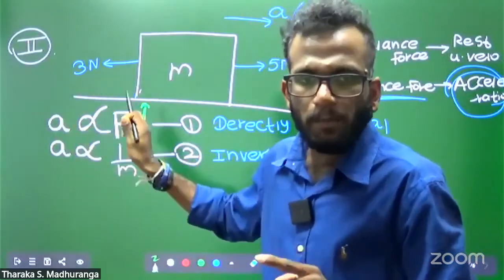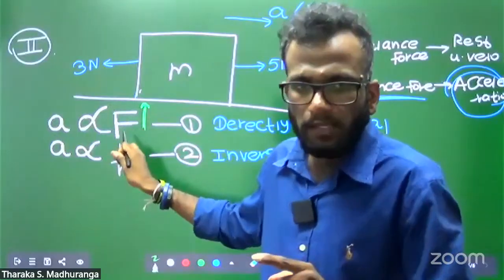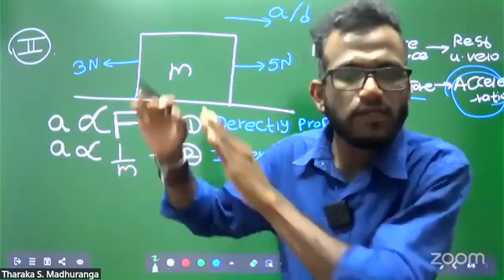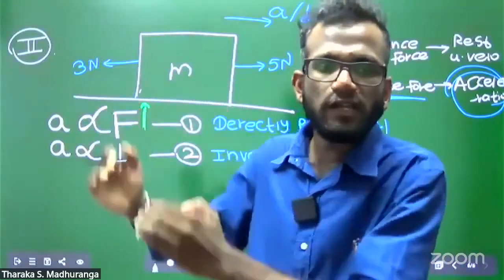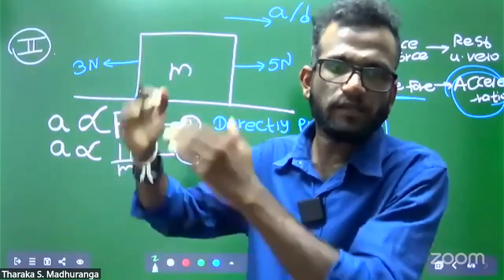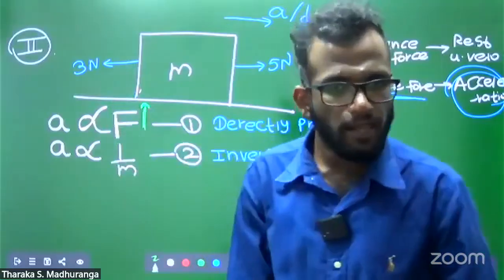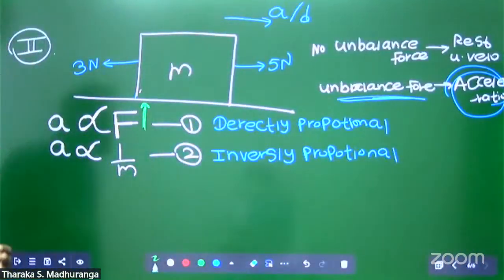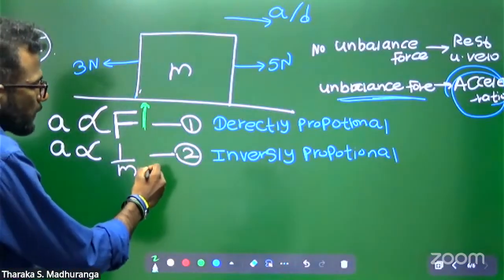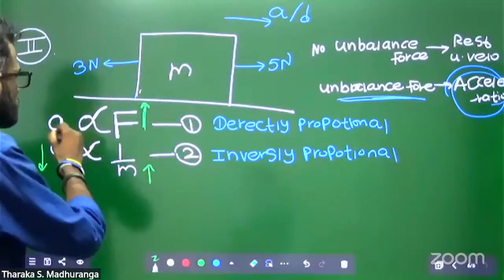Acceleration directly proportional to the external unbalanced force means when you increase the unbalanced force, the acceleration value also increases. Like F increases, the acceleration increases. Inversely proportional means when you increase the mass of this object, the acceleration decreases.